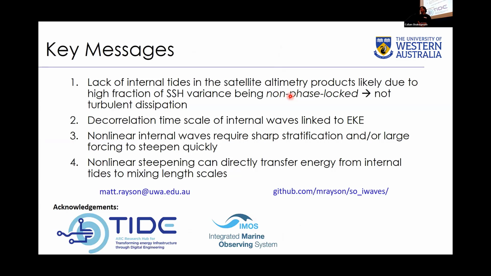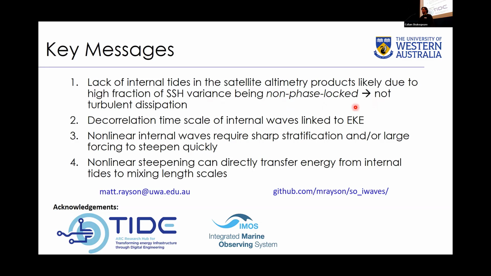So I guess I'll finish up there. The key points that I want to talk about: in the global maps of internal waves, it's probably the non-phase locked signal that's not being picked up by the satellite, which is leading to these low spots in internal tides in the Southern Ocean.